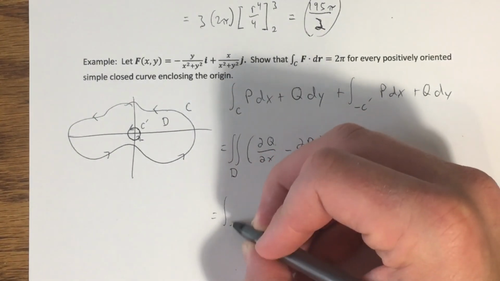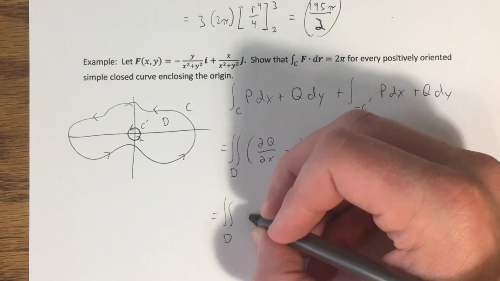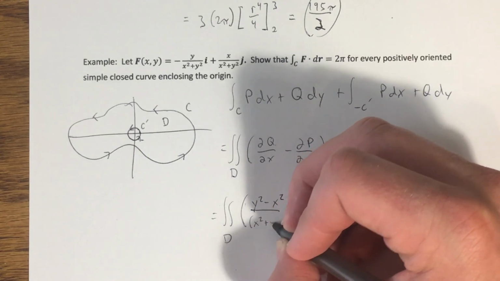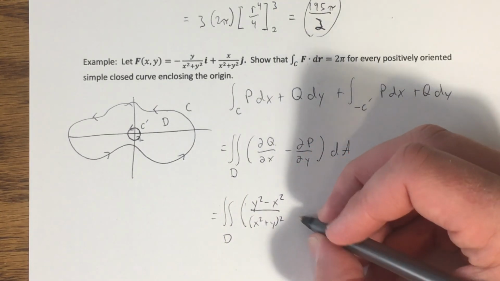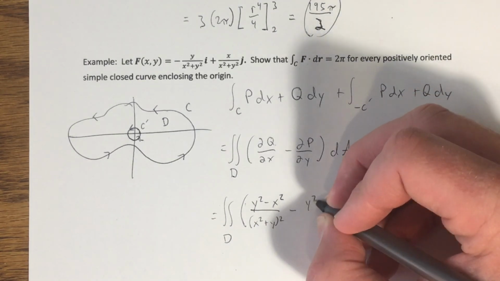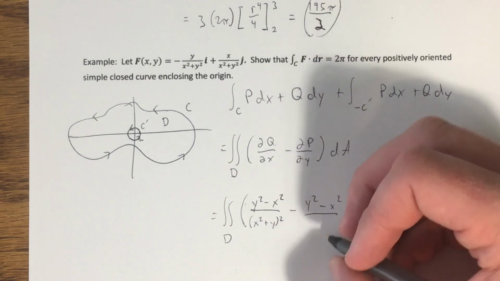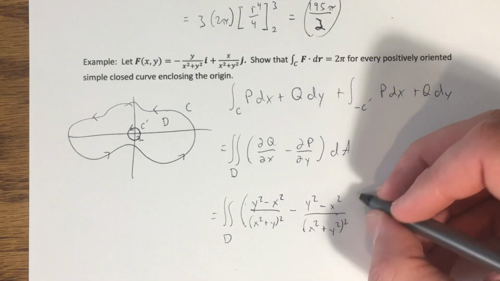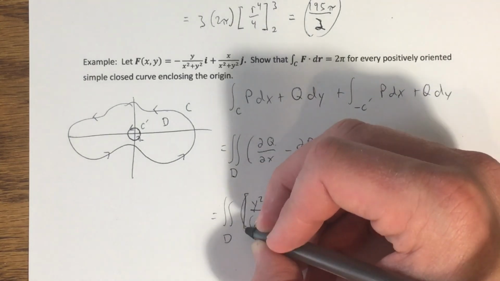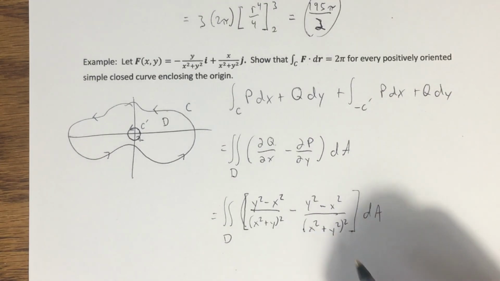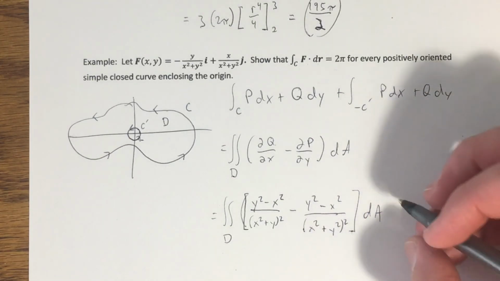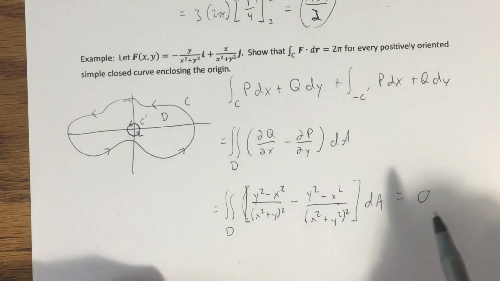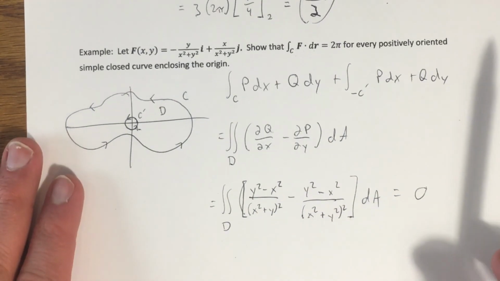What we end up with here is this: y squared minus x squared over x squared plus y squared, squared, minus y squared minus x squared over x squared plus y squared, squared, dA. You can verify by finding those partial derivatives that that's what this would come out to. Notice that this whole thing is just going to go to 0 because I'm subtracting this term from itself. So that means that the sum of these two line integrals up here is equal to 0.